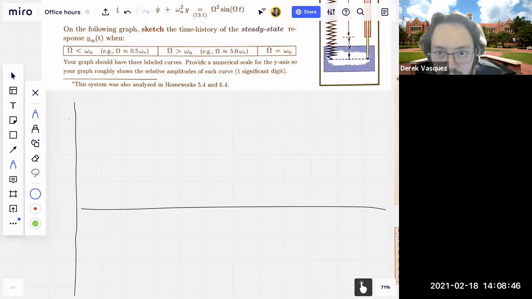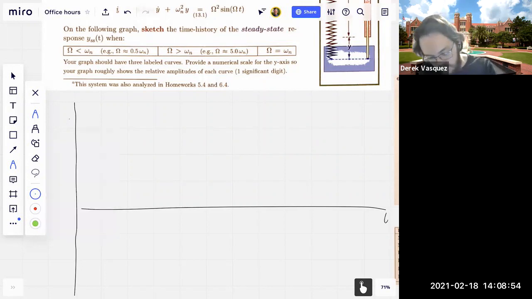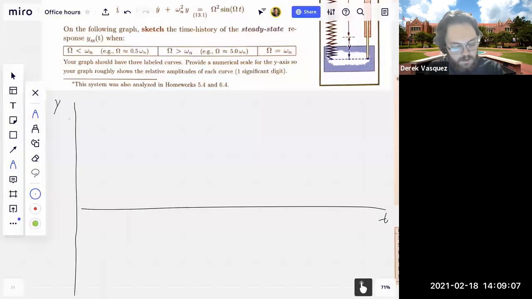Actually, is the input drawn on here? No, it's not. So we've got time out here, and then the amplitude of the steady state over here.